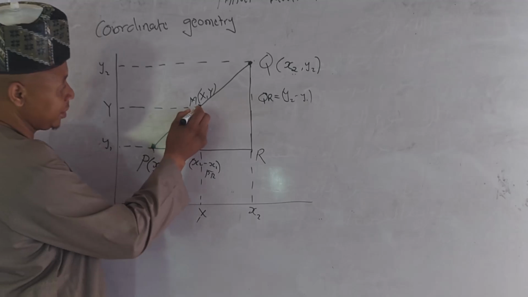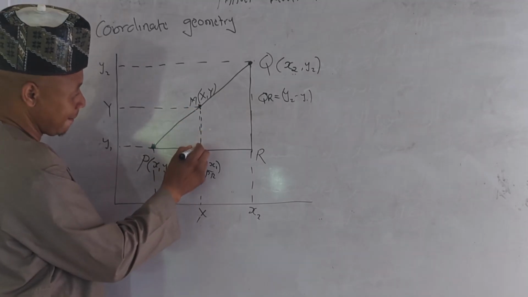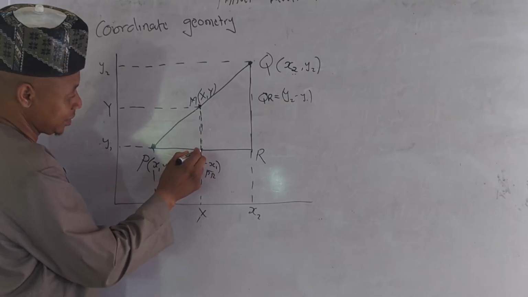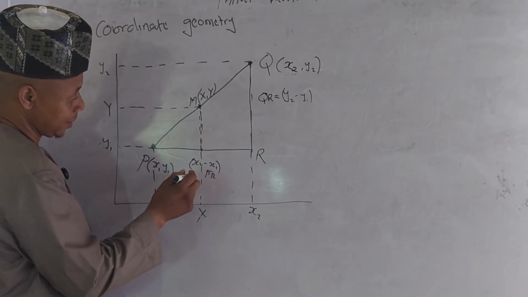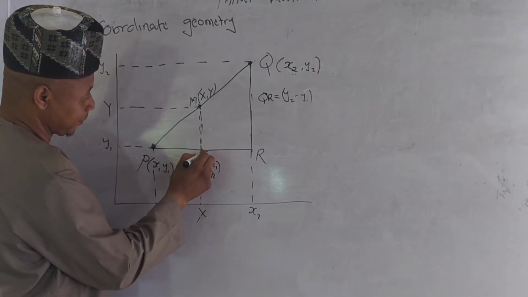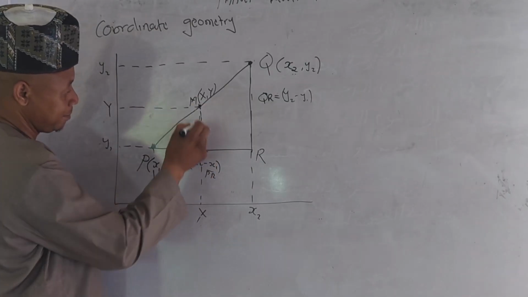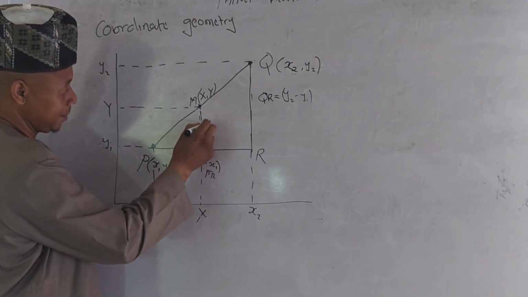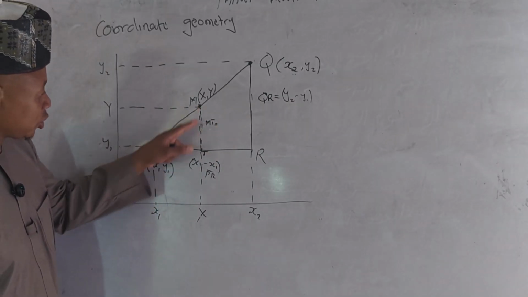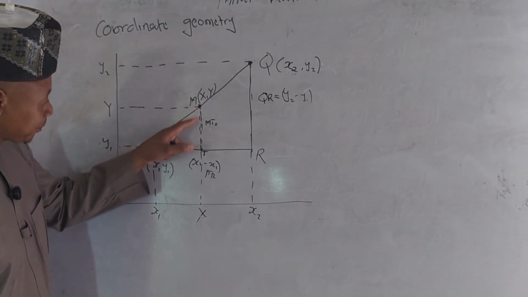So now suppose this is a triangle, and let me say this is point T. Line MT will now be given by what? The difference between these 2 points, right?